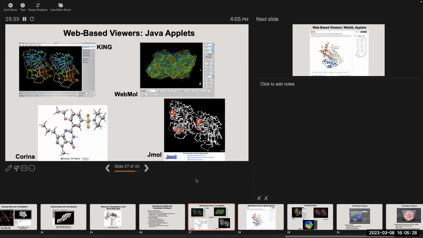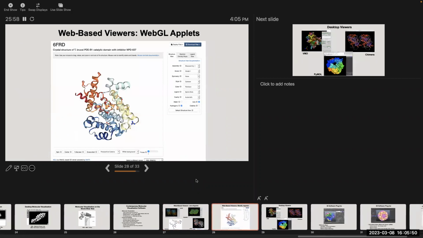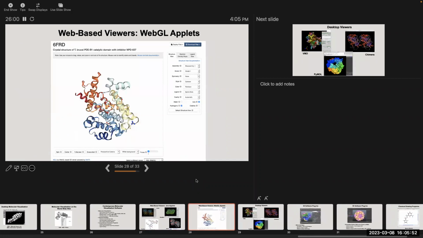I just have some screenshots of some of these other programs that I was just mentioning. These are screenshots of a variety of web-based viewers that allow you to view molecules right inside of a web page. These all happen to be based on Java. Like JMOL, which is a really popular one. This one is called NGL.